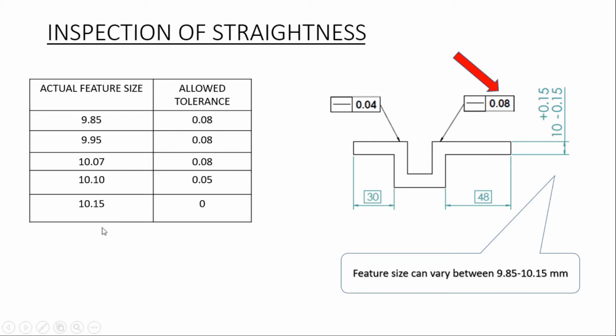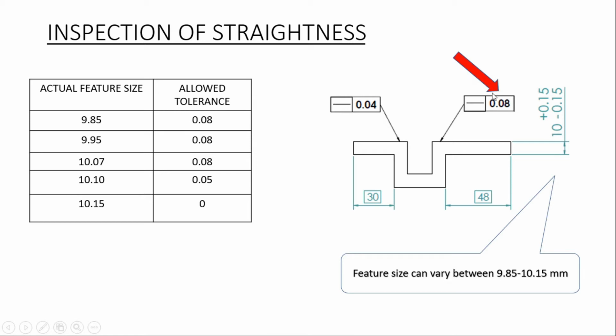If the part is manufactured at MMC, which is 10.15 here, it should have a perfect form, that means zero straightness tolerance. But if the part goes towards LMC, least material condition, 9.85, then it has an allowed tolerance value as mentioned in the callout here.